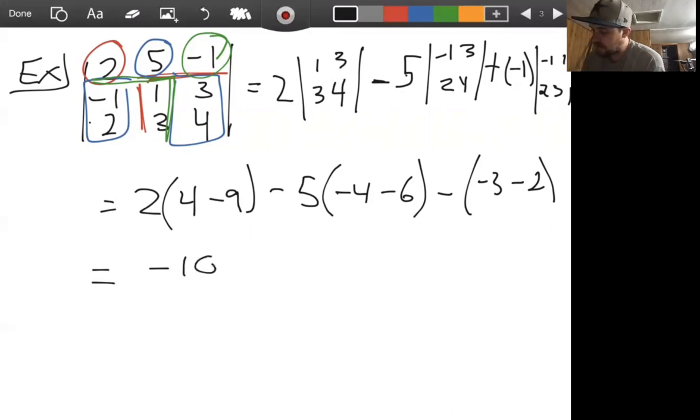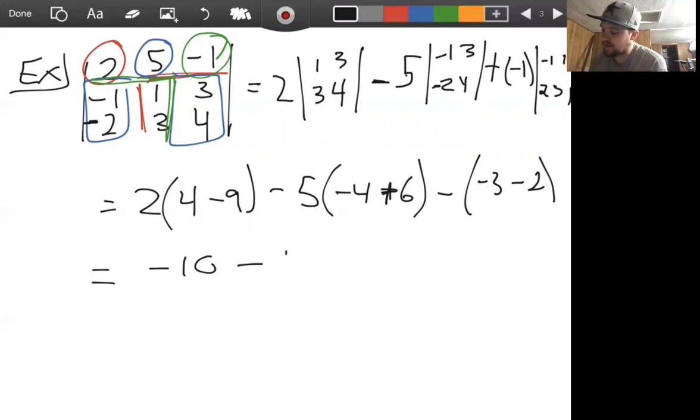And then it looks like we have negative 4. Excuse me, I see my mistake. This was a negative 2, right? So this is plus 6 here. I miscopied the negative. And so we have negative 4 plus 6, which is 2.